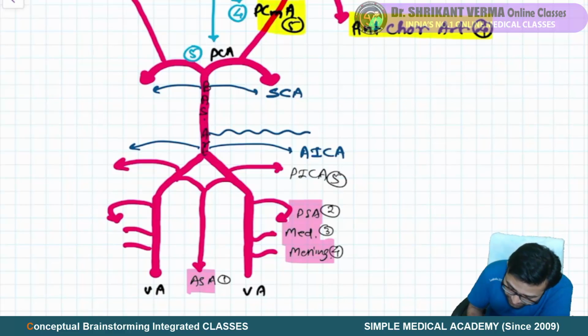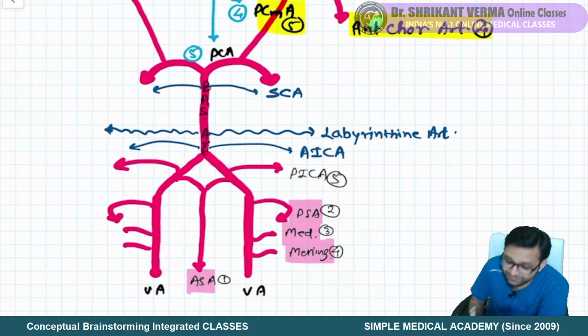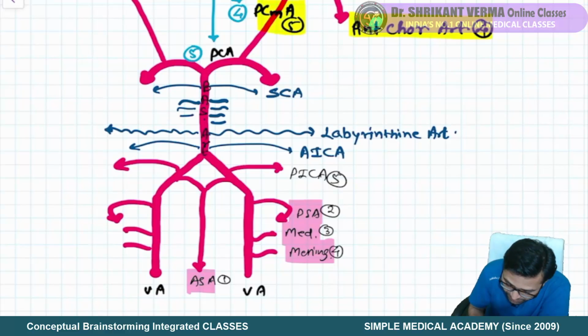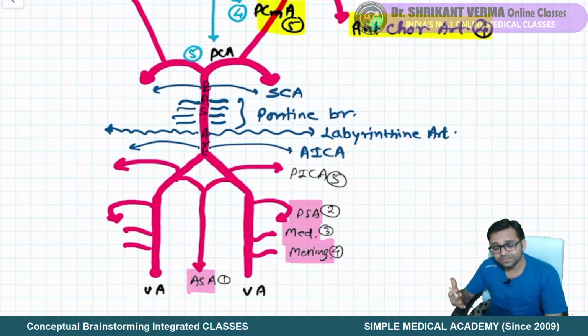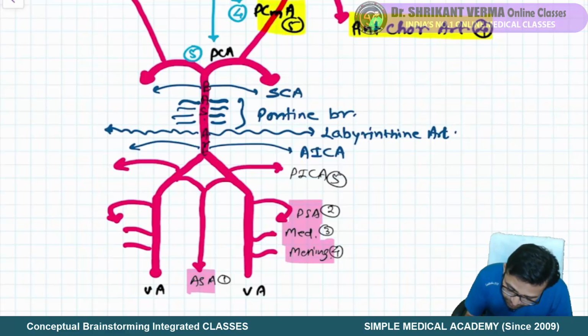One artery will enter within our internal acoustic meatus, having a zigzag course, known as the labyrinthine artery, and very minute branches are there at the basilar sulcus supplying the pons. So these are our pontine branches. At UG level I have made it easy and told you these branches. When we go to PG level we will see more details about them. But right now, yes, you can see 1, 2, 3, 4 and the 5.